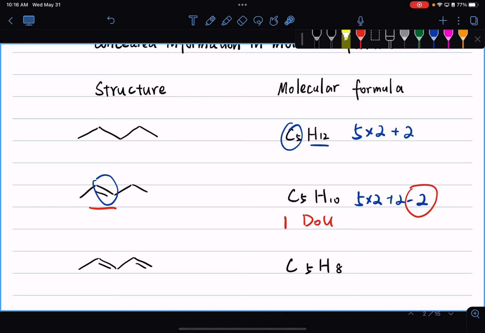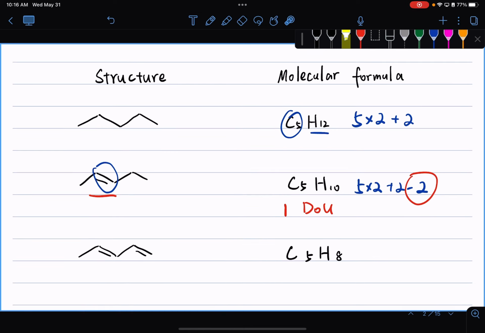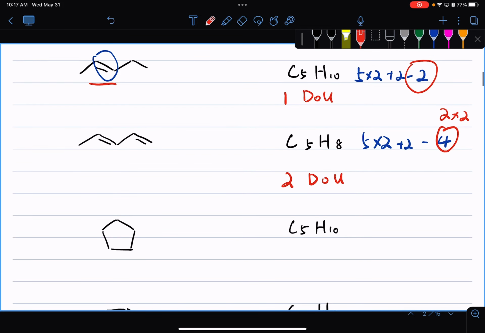Likewise, if you have a diene, in this case an example of a conjugated diene, we have 5 carbons, so 5 times 2 plus 2 is your reference point, minus 4. This 4 tells you we have 2 times 2, so 2 degrees of unsaturation. And that same rule applies to cyclic structures. If we have only 1 ring, like cyclopentane, this ring is telling you this one has 1 degree of unsaturation.